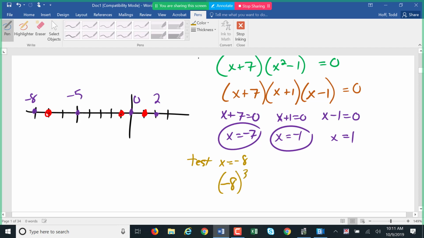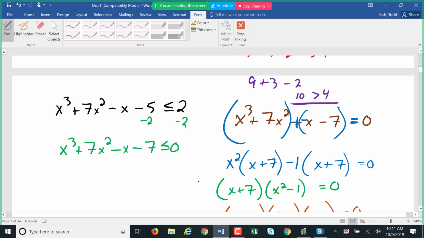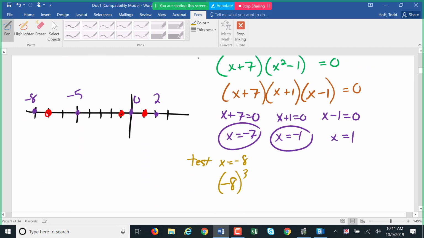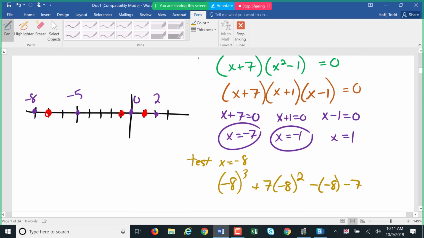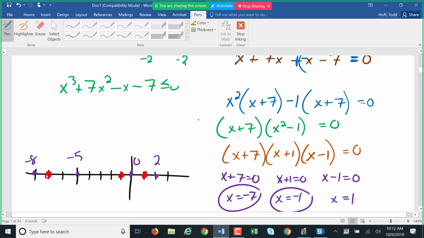So we have -8 cubed, get my equation down here, 7x plus 7 times -8 squared minus a -8 minus 5. Is that less than or equal to 2?